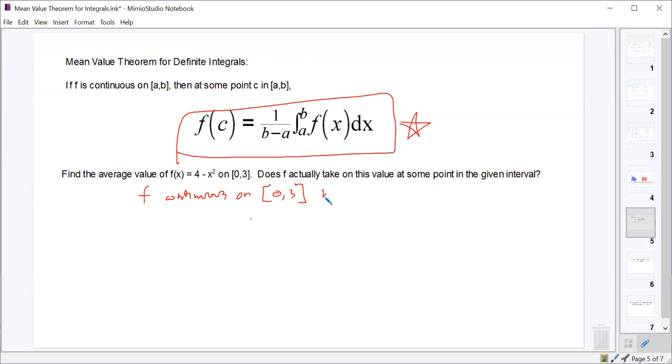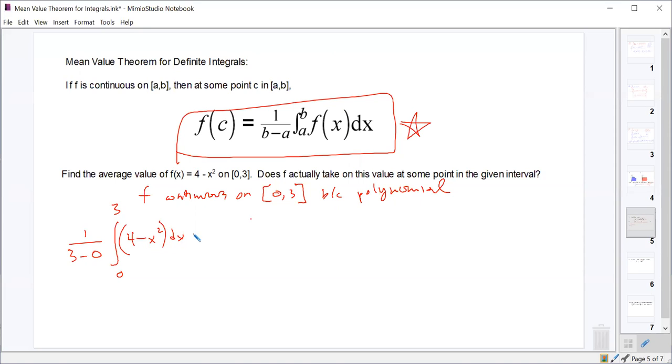Yes, because it's a polynomial. So to find the average value, all we have to do is 1 over b minus a times the integral from a to b of the function.